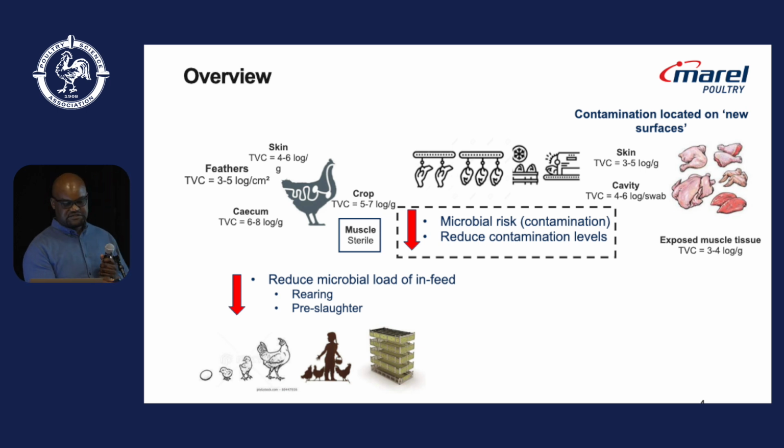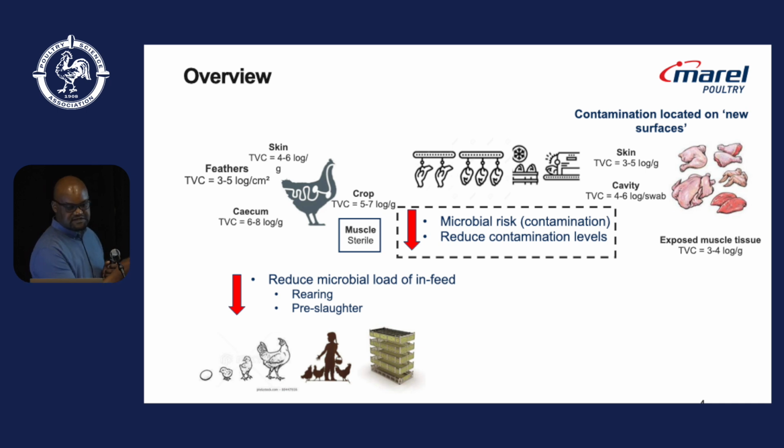And then you move to your pre-slaughter phase, where you have important activities that can reduce the microbial load, such as your feed withdrawal management or strategy, as well as transport and lairage. These are very important in reducing the microbial load that enters the process, what we call the infeed, either internally, so the gastrointestinal tract, or on the external surfaces of the products themselves.